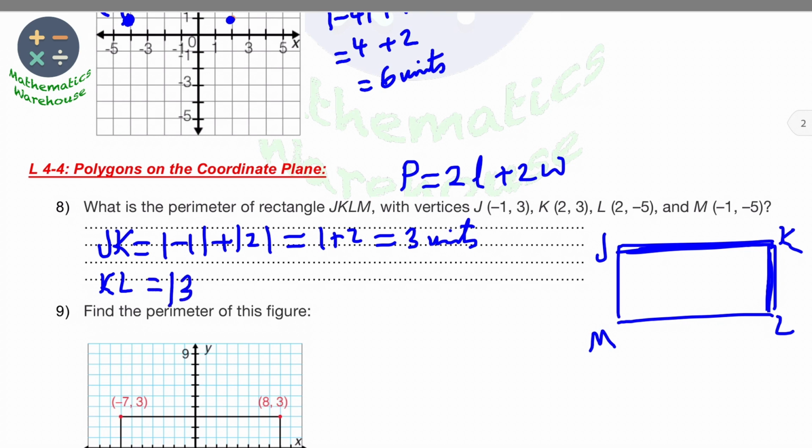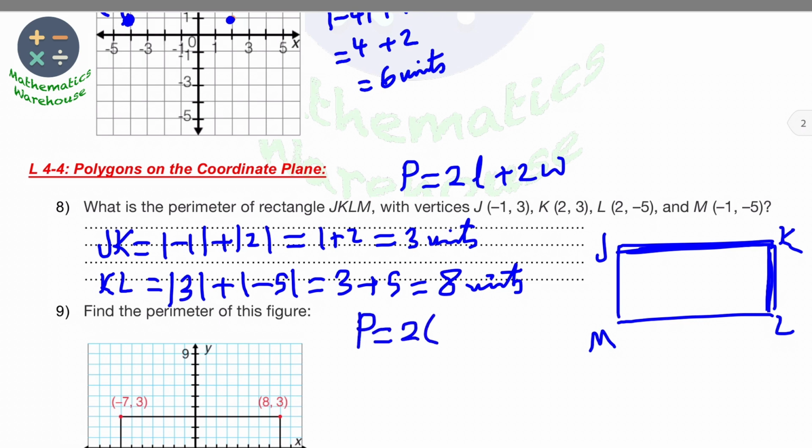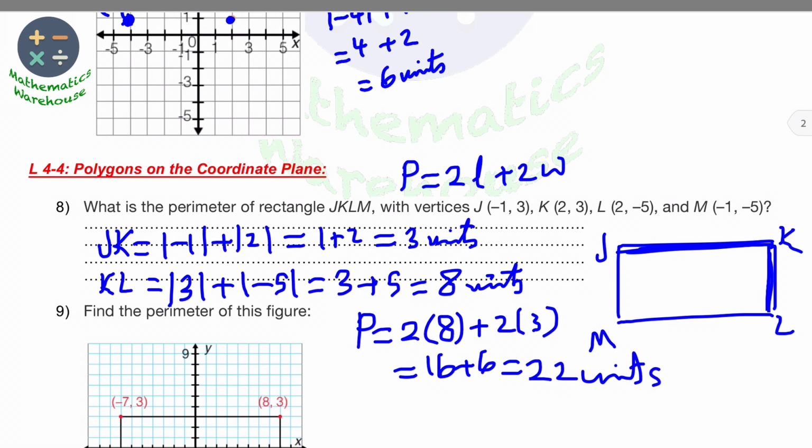So it's the absolute value of 3 plus the absolute value of -5 equals 3 plus 5 equals 8 units. So now the perimeter equals 2 times 8 plus 2 times 3, which is 16 plus 6 equals 22 units. And this is the answer, 22 units.